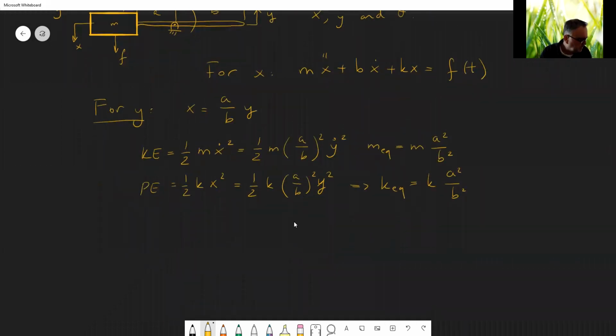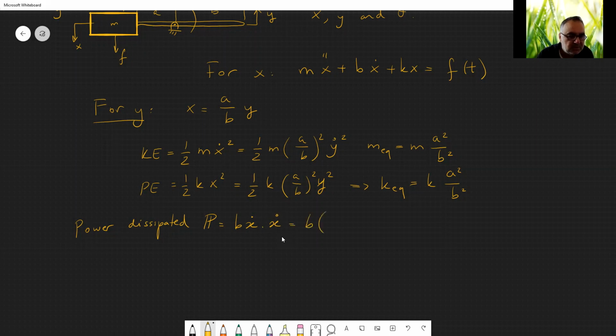And the power dissipated: power is the damping force times x dot, which is b x dot squared. So it will be b times (a over b) squared y dot squared.